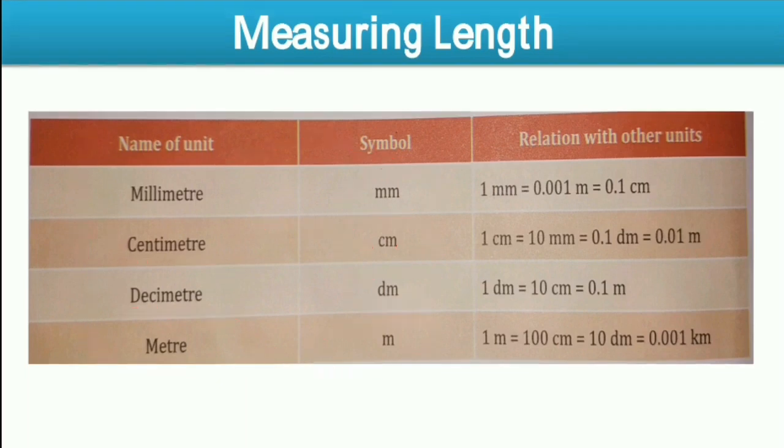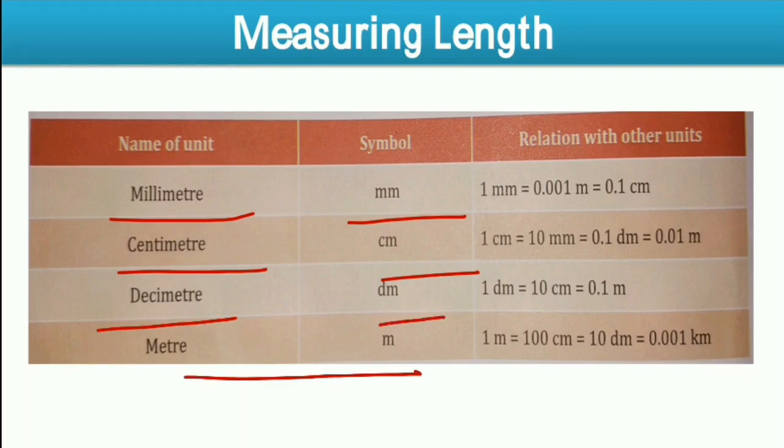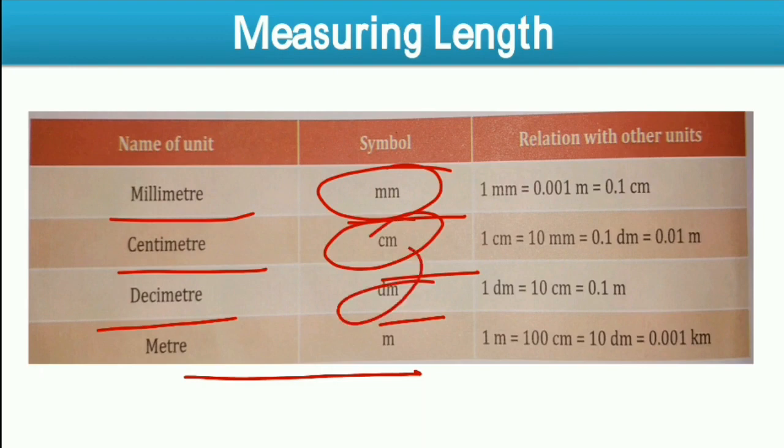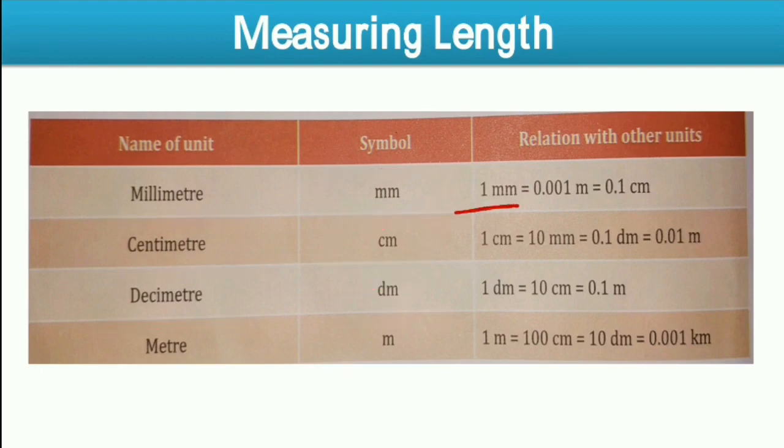So these are the symbols for the different units of length. Then what is the relation between these units and meter? Here you can say that 1 millimeter is equal to 0.001 meter. We have already learned the meaning of milli.